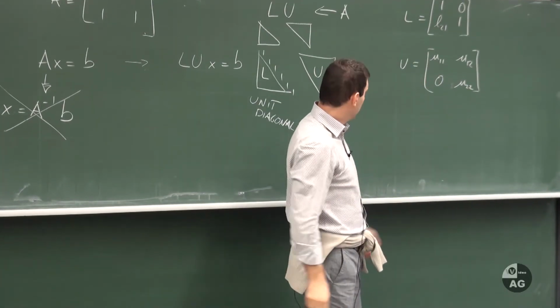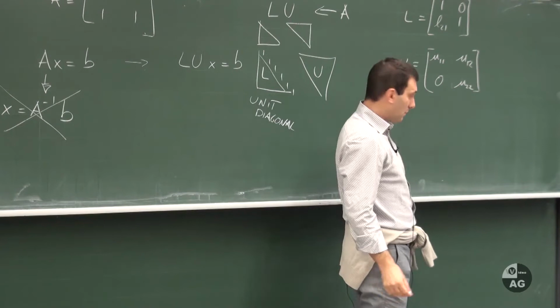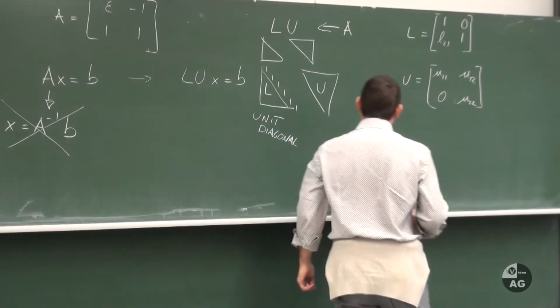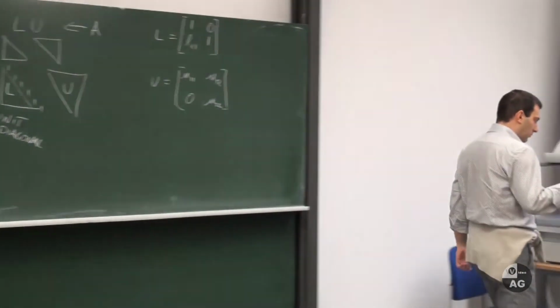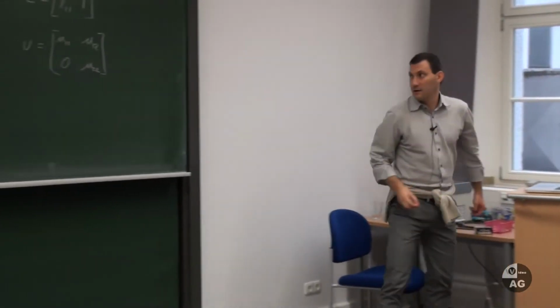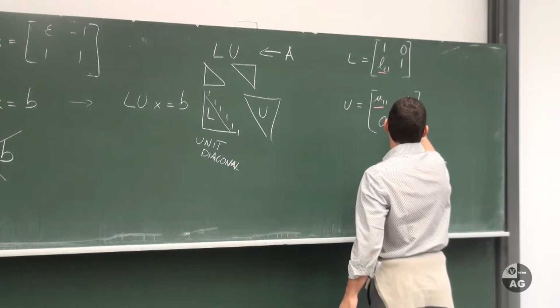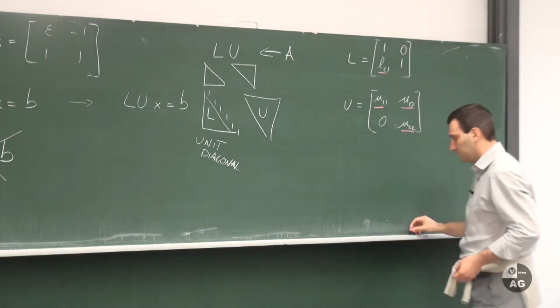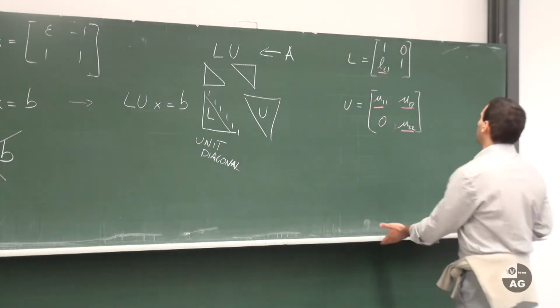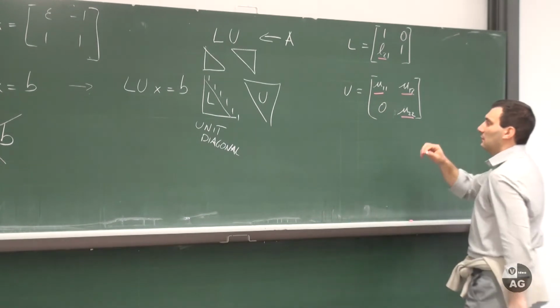That's what I want to compute. So which ones are the unknowns? 1 L and 3 U's. These quantities we have to determine. All right, let's see how to determine them.